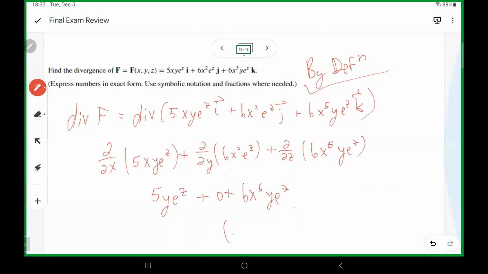So that means we can just do 5 plus 6x to the fifth, y e to the z. And that is your answer for that one.